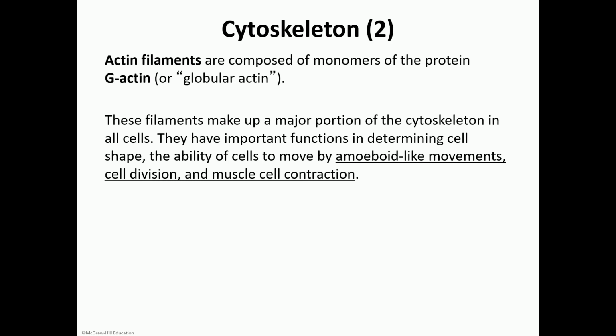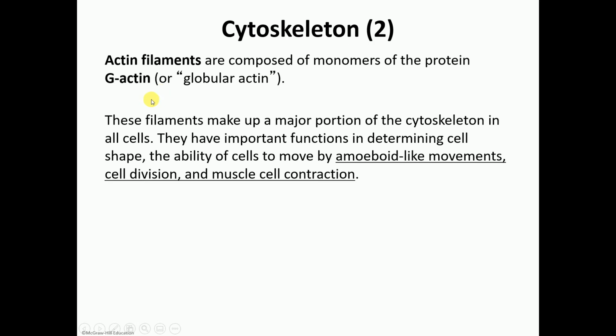So first one again is your actin filaments, made out of the G-actin or the globular little proteins. Okay, these filaments help in the amoeboid-like movement of cells. So for example, immune cells, the white blood cells have to squeeze themselves in between other cells in order to reach where an infection or an inflammation is. So that amoeboid-like movement, kind of like moving like a caterpillar, is going to happen because of these actin filaments.